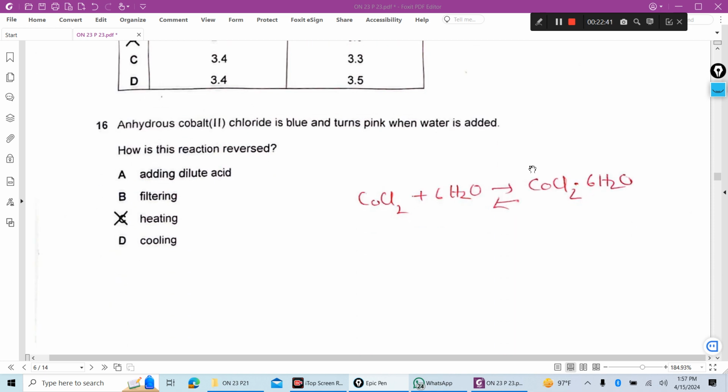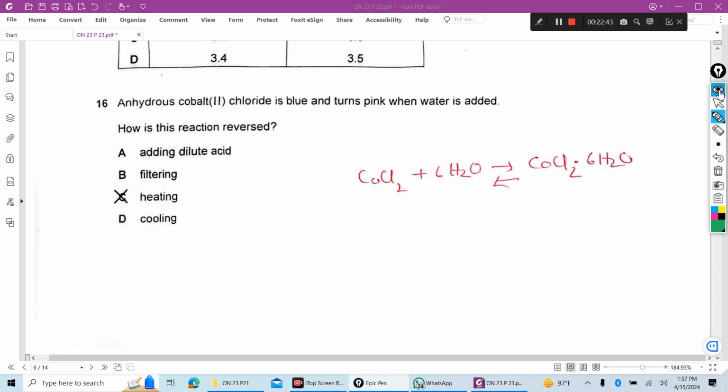Next, anhydrous cobalt chloride is blue and turns pink when water is added. This is pink. Hydrated cobalt chloride is pink. How is this reaction reversed? So this is a reversible reaction.